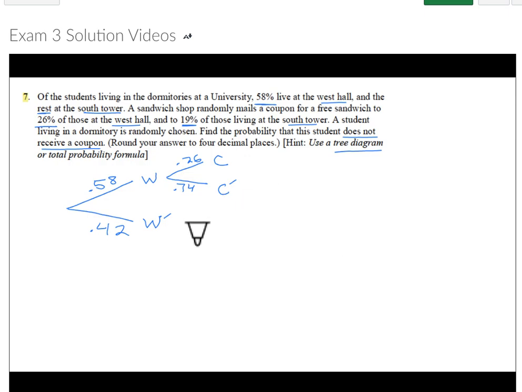We may not need that, but we'll do that. And then in this tree diagram, what we get as we multiply along this path is the probability of W intersect C.